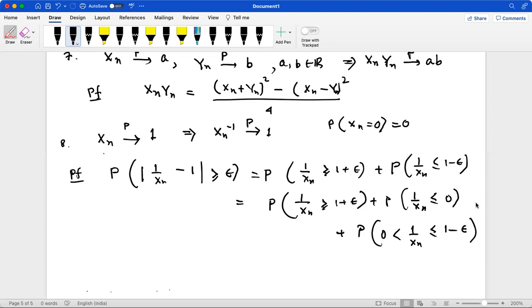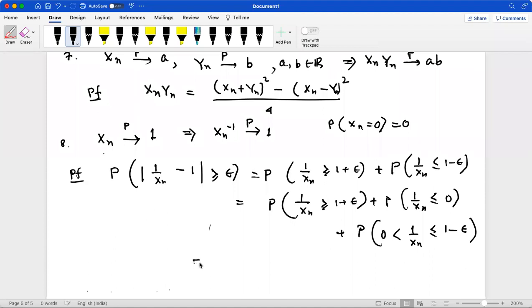If you choose epsilon to be a very high value, then this will be 0. But if you choose epsilon small, then this is not 0. So with epsilon small, the important part is from 0 to 1 minus epsilon. So we break this whole interval into 3 parts. One part is greater than or equal to 1 plus epsilon, another part is less than or equal to 0, another part is 0 to 1 minus epsilon.